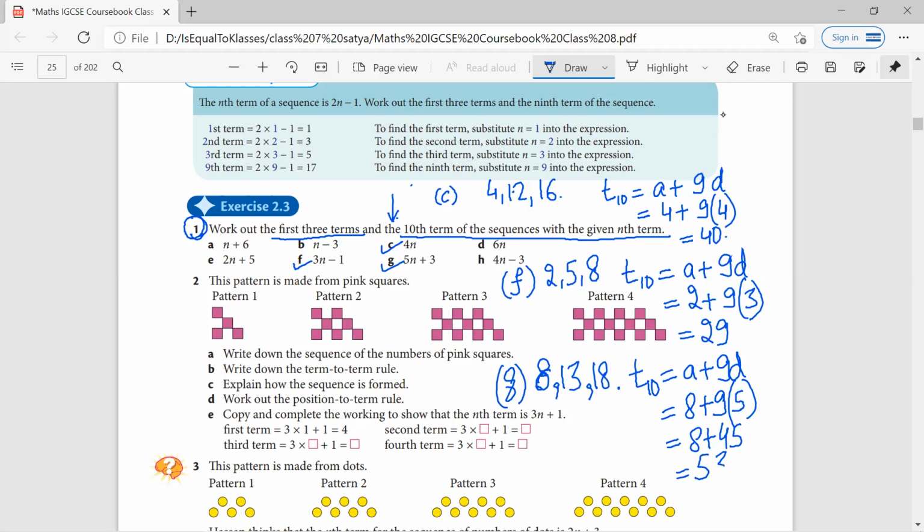It should be 53. G part. Mr. Satya. Okay, sir, I made a mistake. I wrote 21 instead of 5. Okay, sir, done. Is it clear now? Yes. Great, sir.